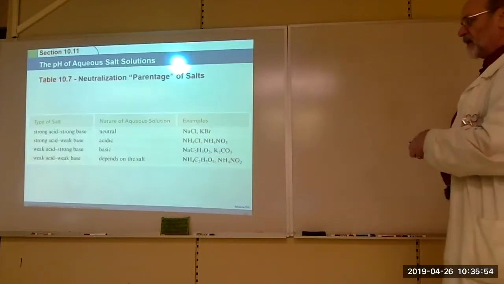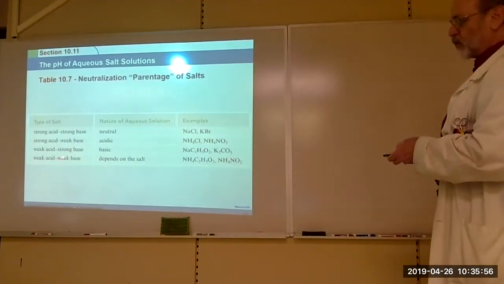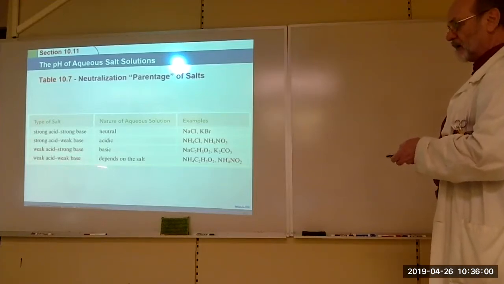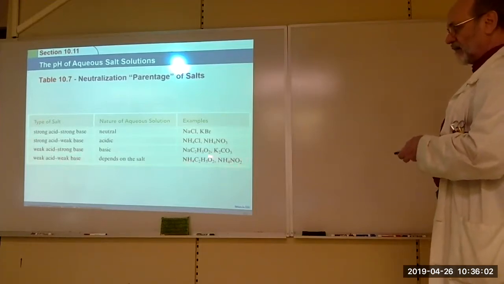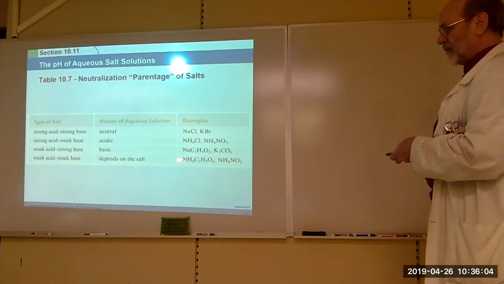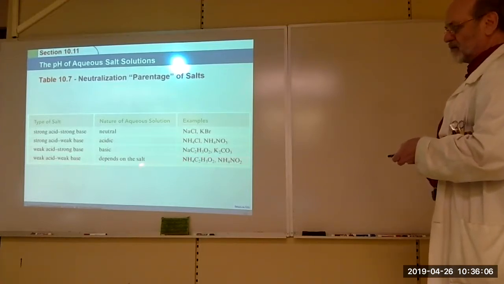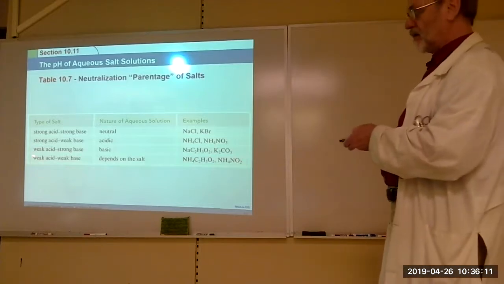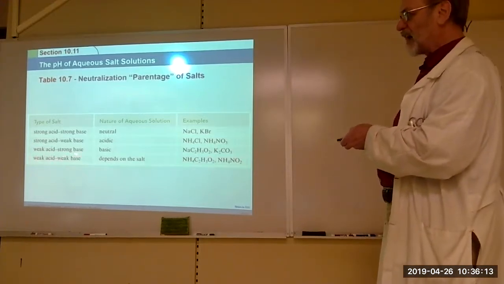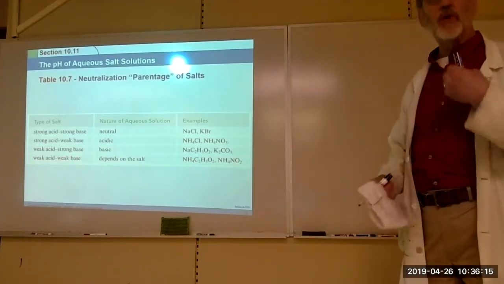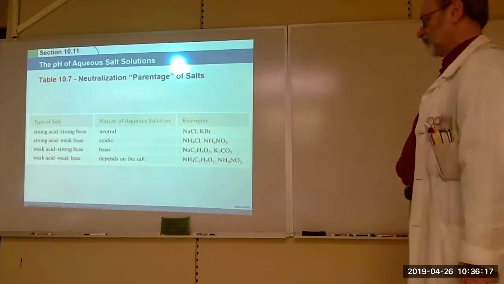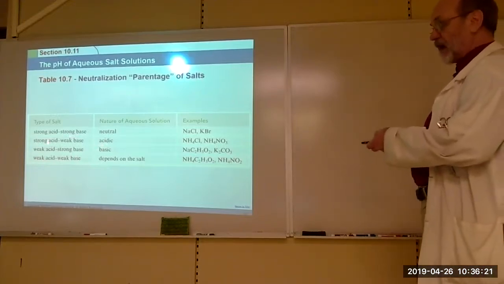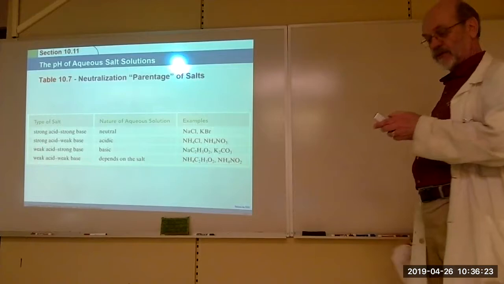Just know that if you have weak acid, weak base origins for your salt, then the pH, or whether it's acidic or basic, is dependent on the actual dissociation constant for each one. So we can't tell yet, not easily. These, yeah, we can tell. All three of those, we know exactly what they're going to be.